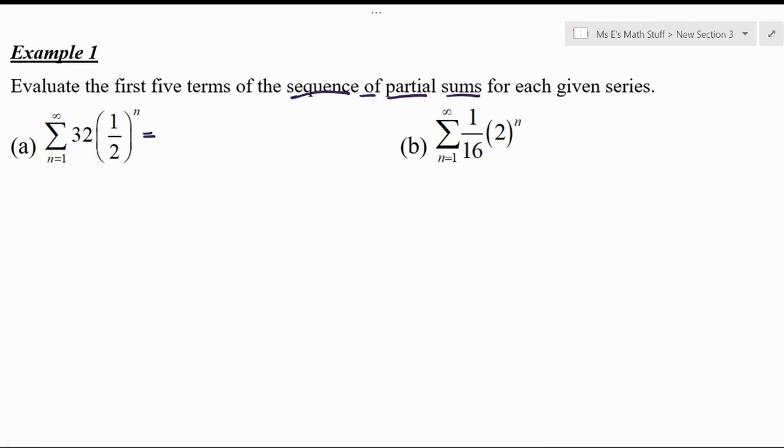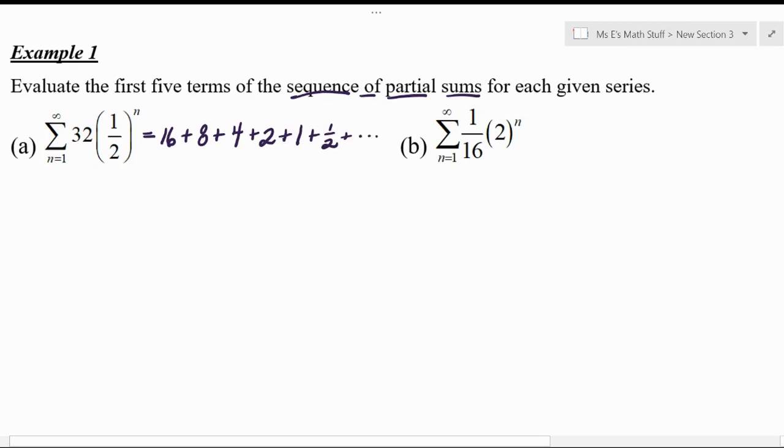So if n is a 1, you'd have 32 times 1/2 to the first power, which would be 16. If n is a 2, you'd have 32 times 1/2 squared, and so you'd get 8. And you could see as n increases, you're just multiplying by another 1/2, so just cut your previous number down by 1/2. So this is what you'd have.